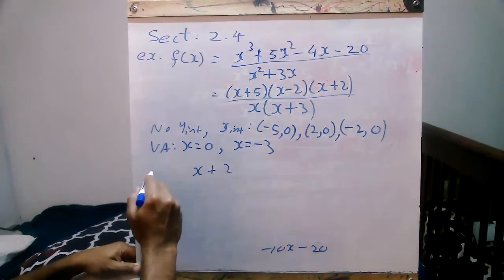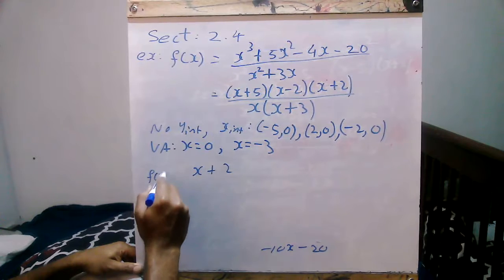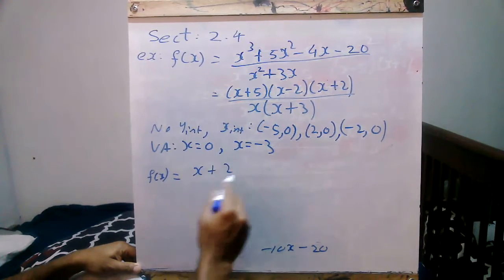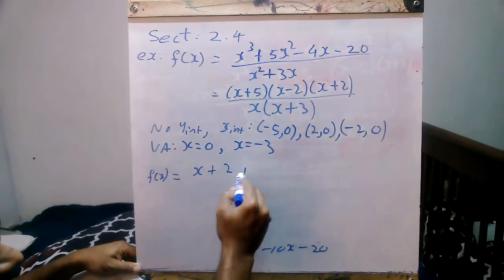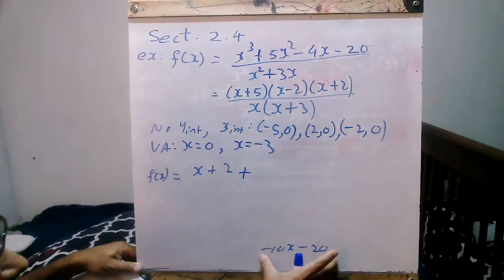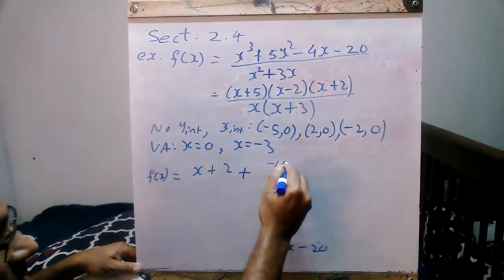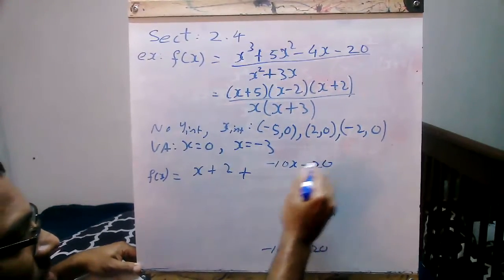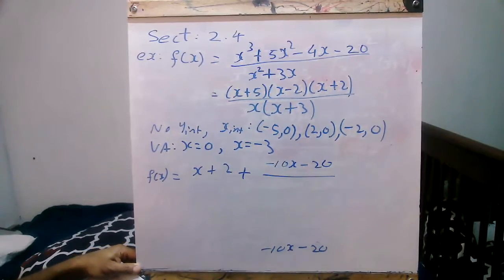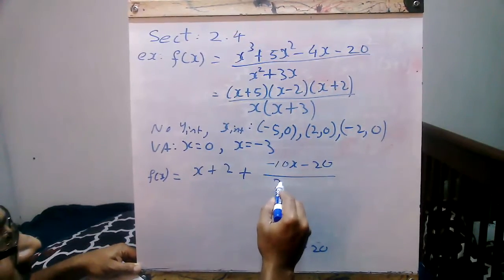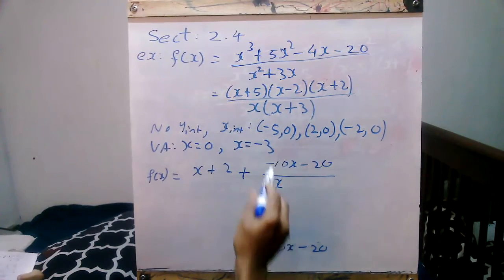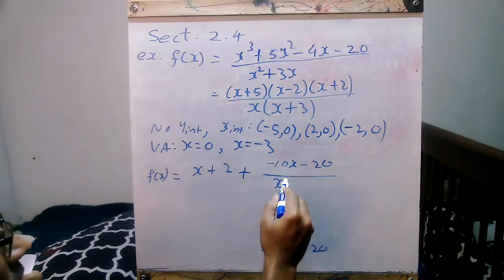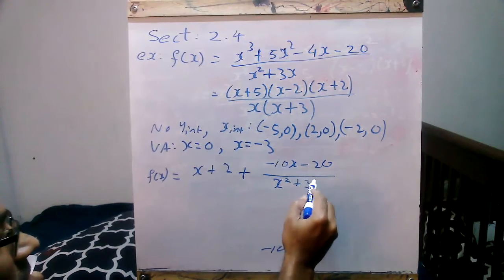Therefore we can write f(x) as x plus 2, the answer when we divide by x squared plus 3x, and the remainder is negative 10x minus 20 out of x times x plus 3, or x squared plus 3x.